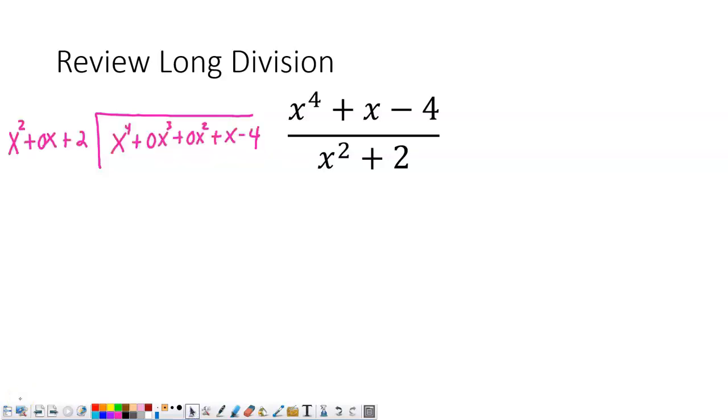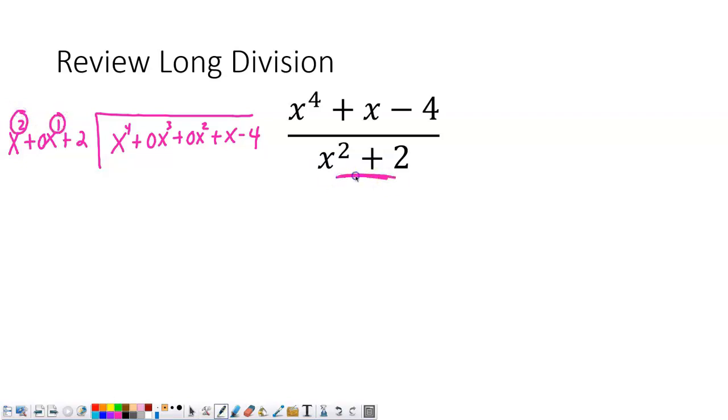The first 2 steps were to put the polynomial that's on top inside the brackets and the polynomial that's on the bottom outside, but also to make sure that all the powers are accounted for. So this one starts at 2, so the next one after that should be a 1, and then none.